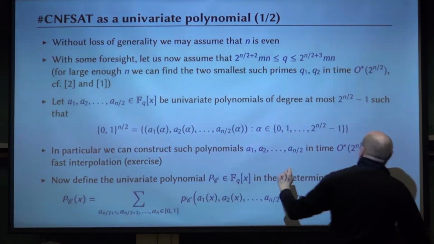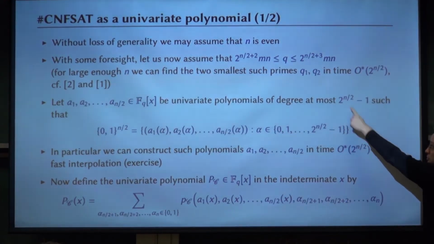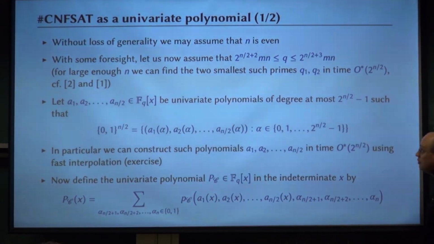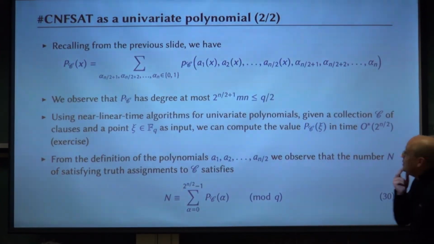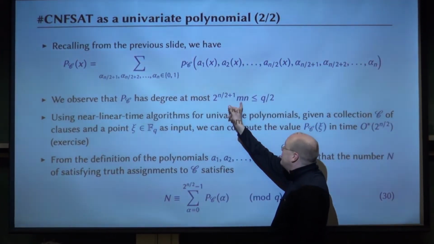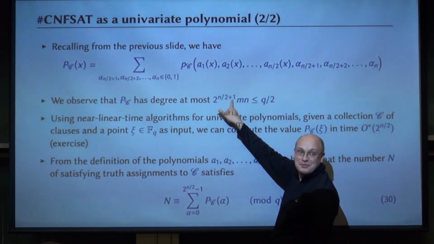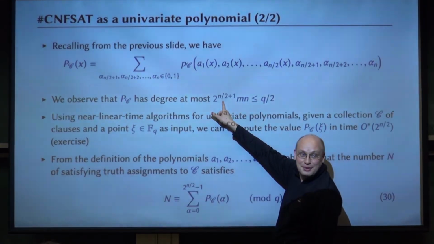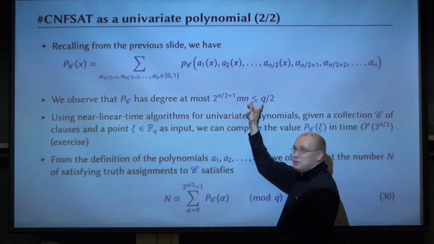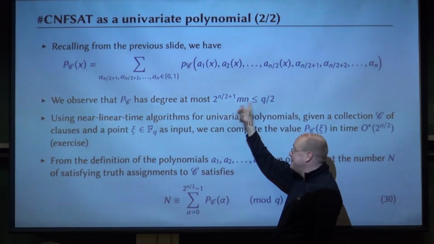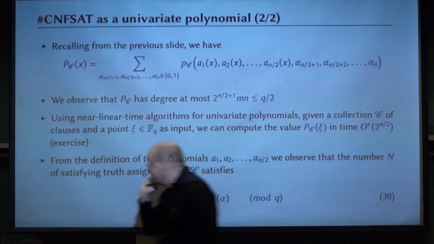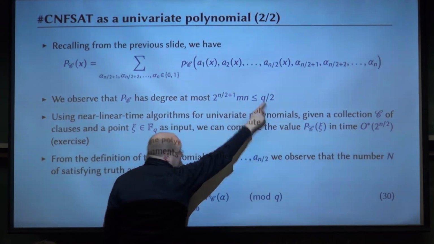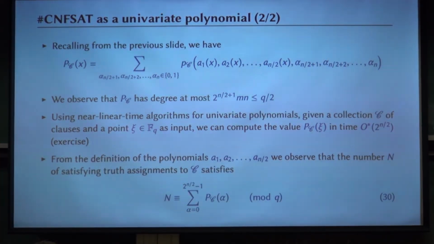The degree is at most 2 to the n over 2 minus 1. So we go to the next slide and we see 2 times m times n, so the plus 1 is there, and then we have the n over 2. And we were actually very careful to choose our field size so that this degree is upper bounded by half the field size. Of course, this need not be an exact division, but nevertheless that inequality holds.